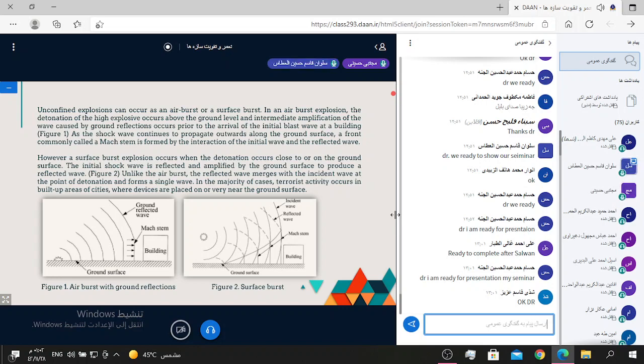Unlike airbursts, the reflected wave merges with the incident wave at the point of detonation and forms a single wave. In the majority of cases, terrorist activity occurs in built-up areas of cities, where devices are placed very near the ground surface.